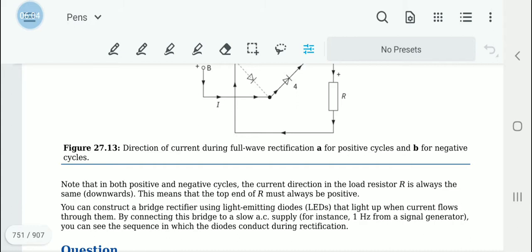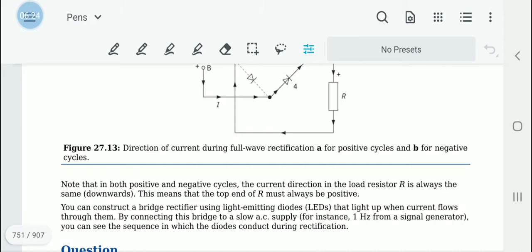That means there would be a sequence of lights being lit up. That is how you must have seen light emitting diodes use different variations of switching on. So that is using slow currents here.